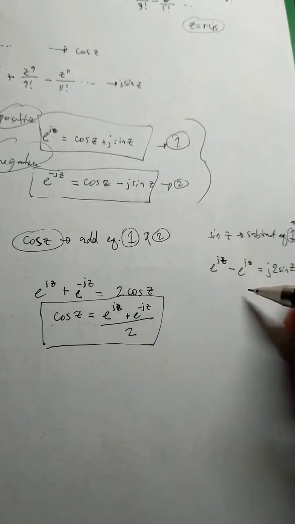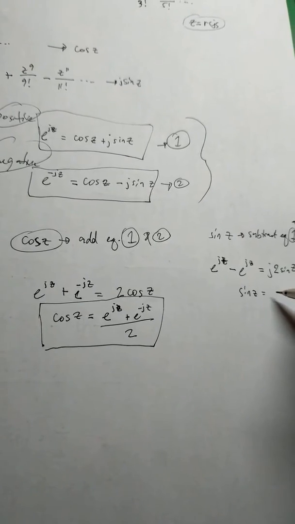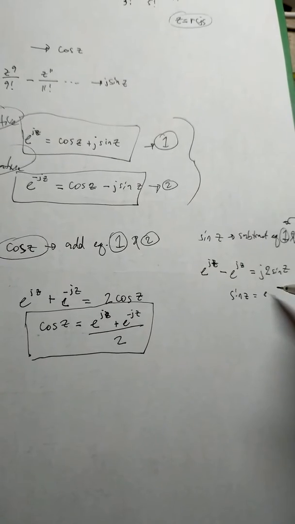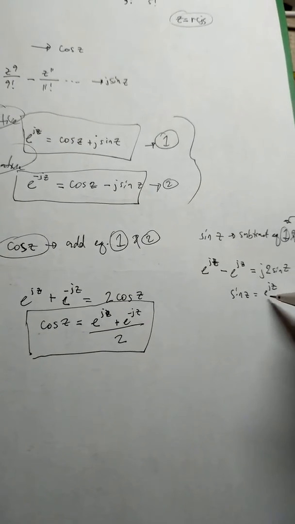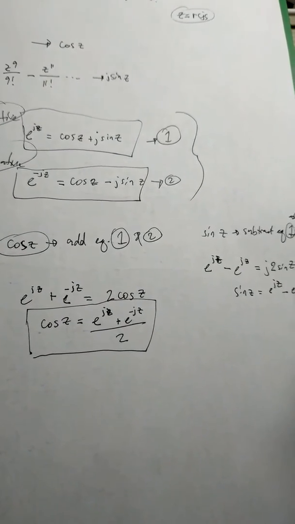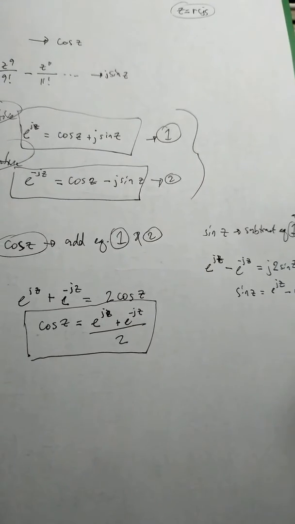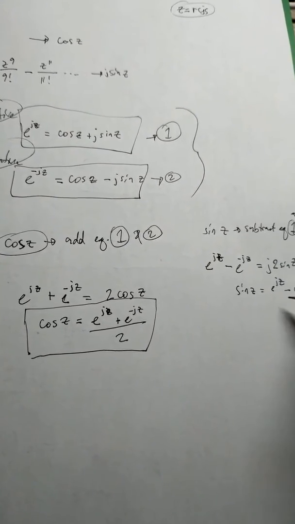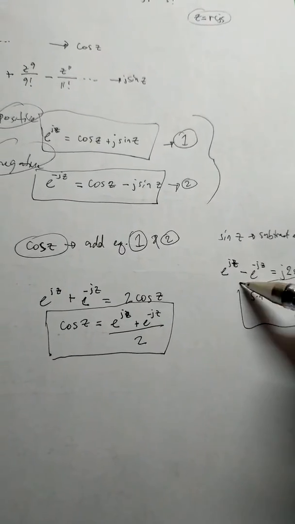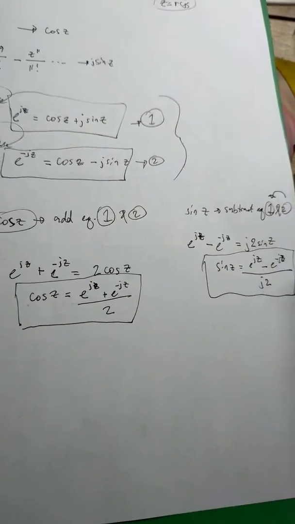Okay, or sine z now is equals to e raised to jz minus e raised to negative jz divided by j2. So mo naman siya aton nga equation for the sine z or sine theta.